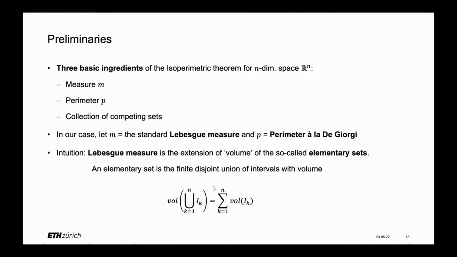An elementary set is a finite disjoint union of intervals with volume. The volume of the union of our intervals I_k is exactly equal to the sum of the volumes of the I_k. So the volume of the intervals together as a whole piece is equal to the sum of the little volumes of the little intervals.